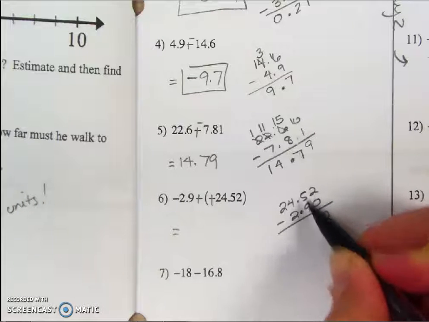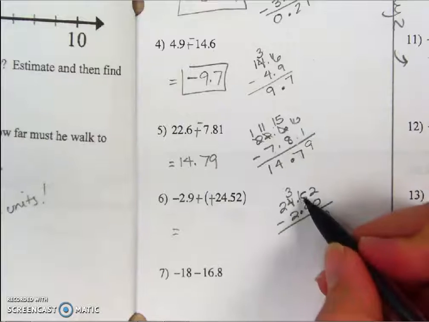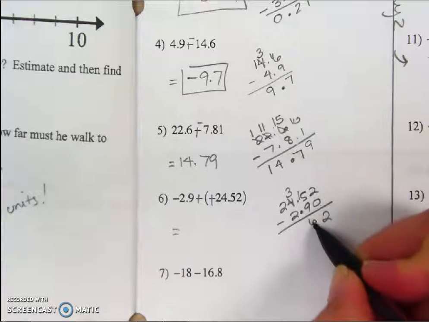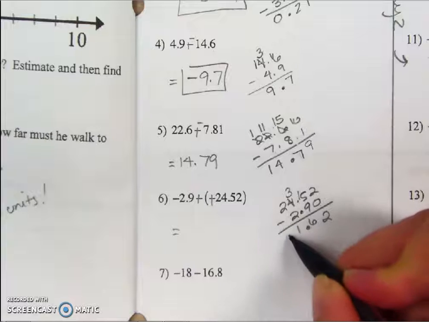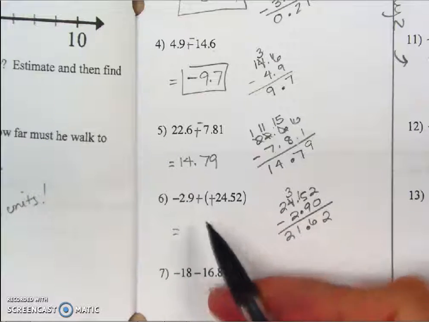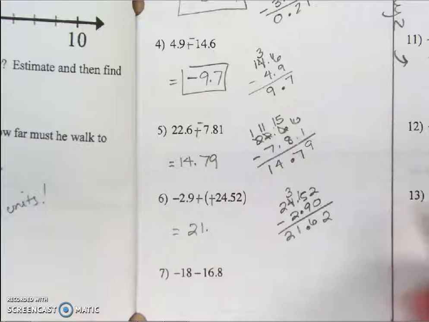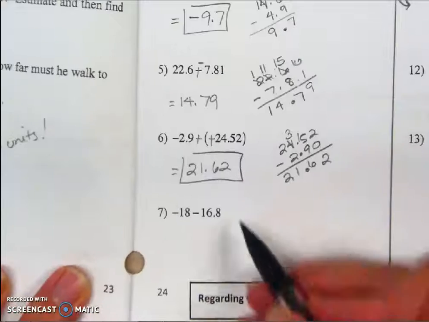I cannot take 9 from 5, so I borrow next door. 15 minus 9 is going to give me 6. Bring down the decimal. 3 minus 2 is 1, and bring down the 2. Now, was that more positive or more negative? It was positive, so my answer is 21.62. Nice and positive.